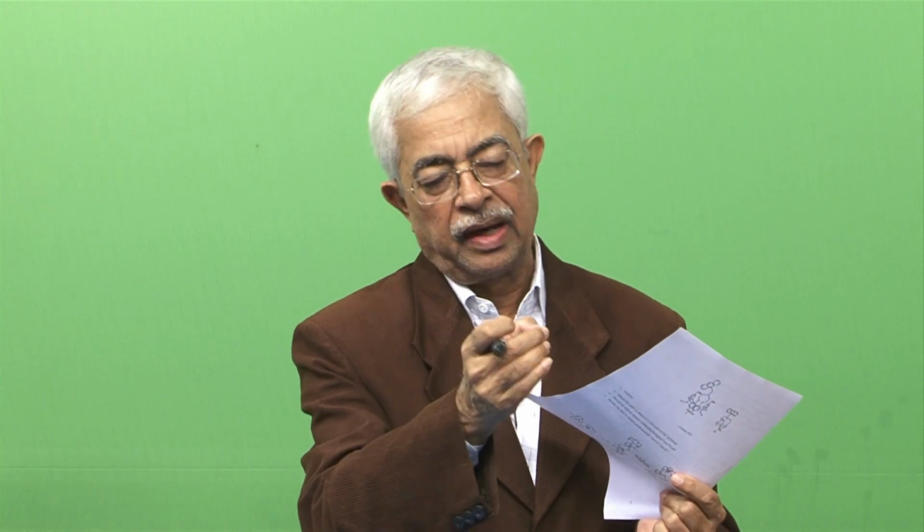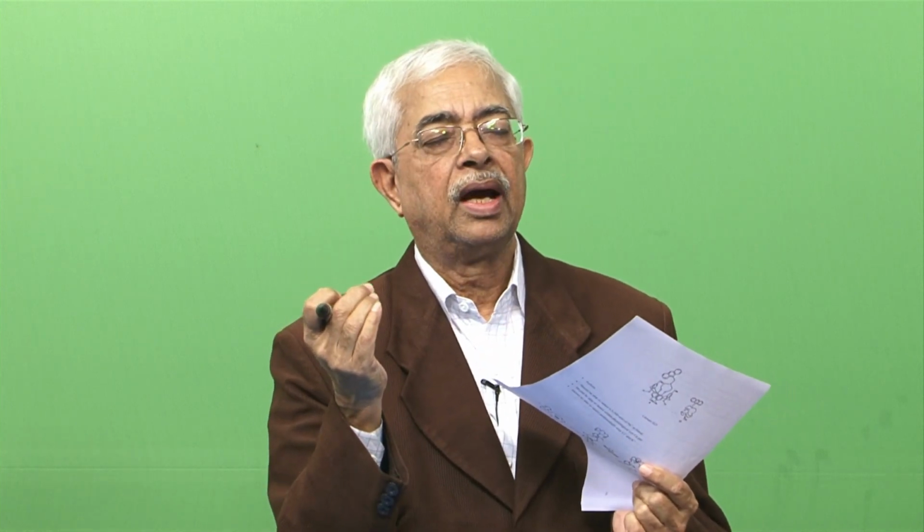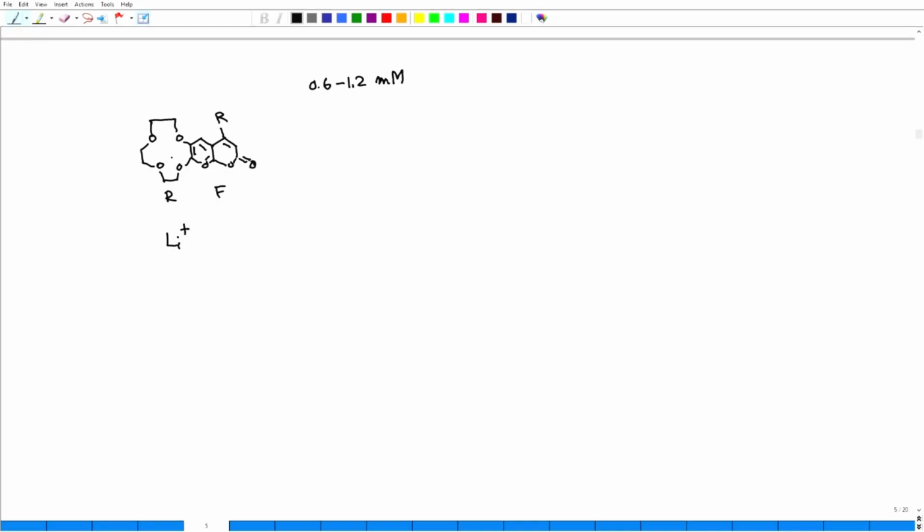So, we have to take some sample out of that person, and then it has lithium. If we use this particular system, then lithium can get in here and, because of this PET, it will show very strong fluorescence.